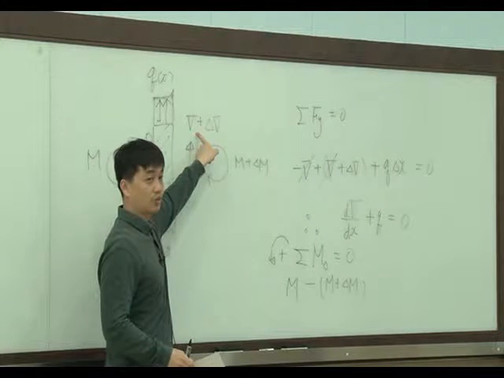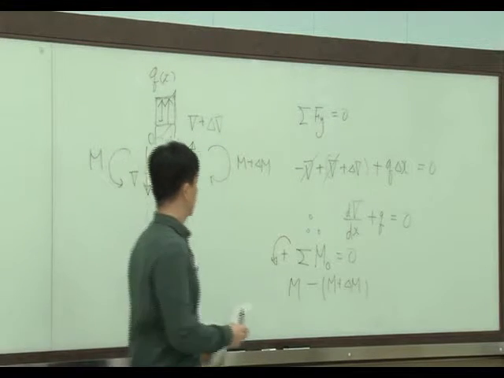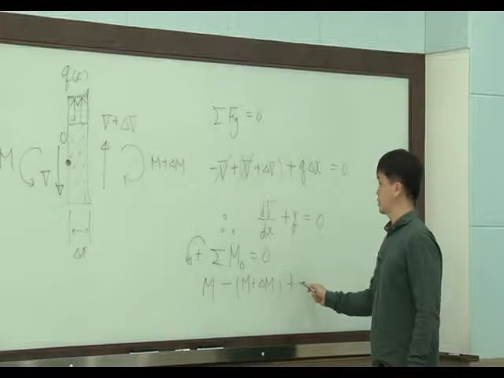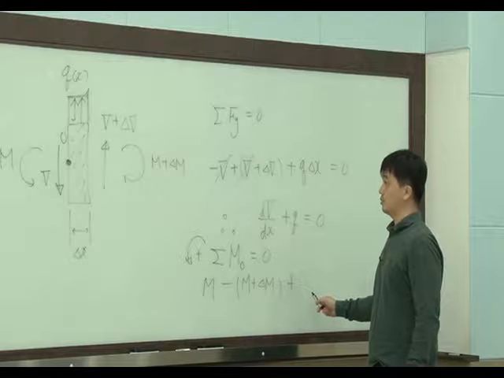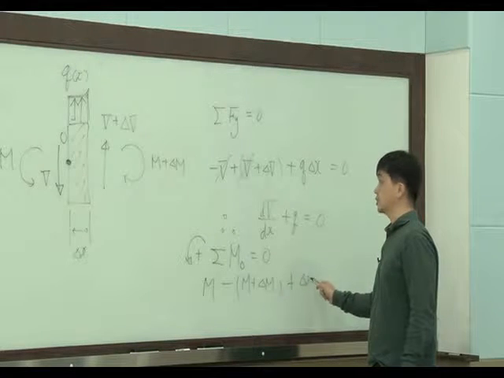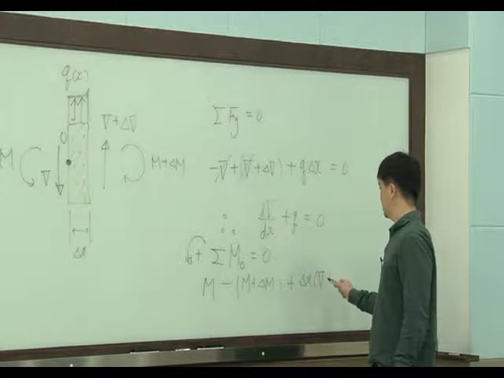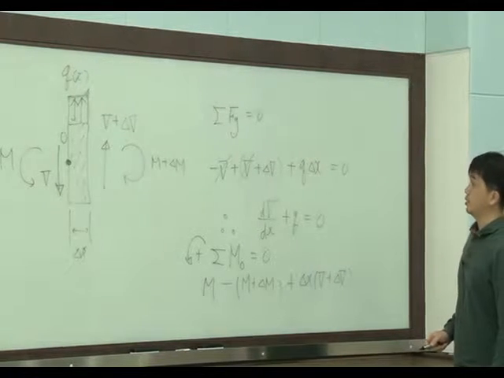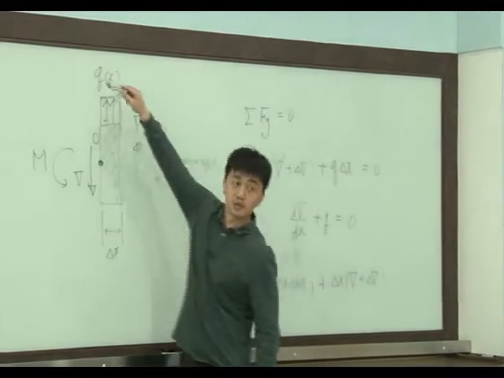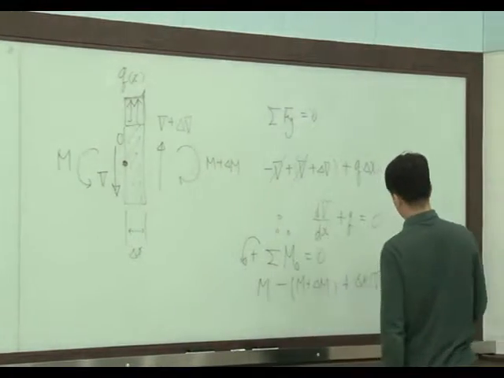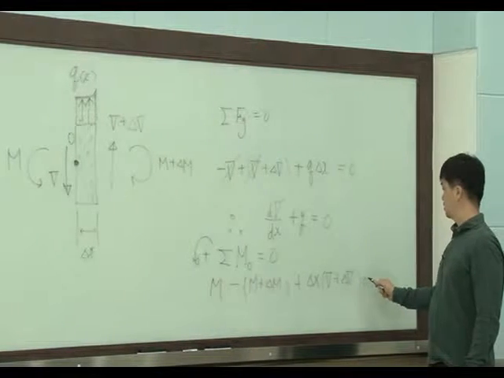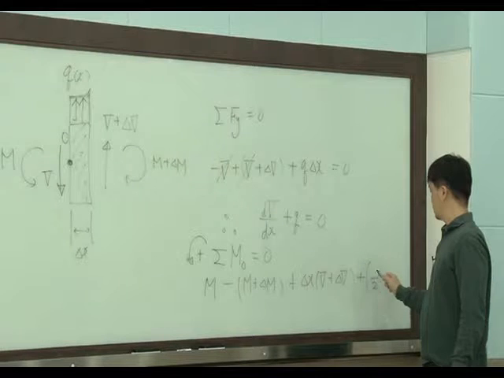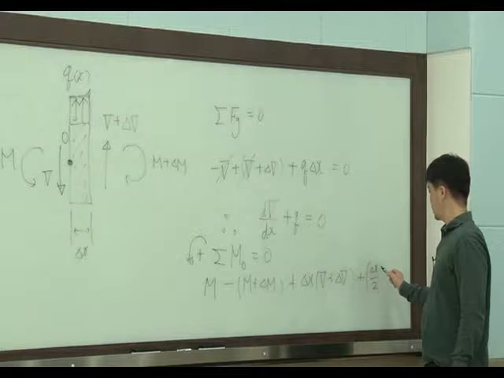But this force can make a moment, right? So plus, the moment arm is delta x, times V plus delta V, okay? And the distributed load also contributes to the moment, plus, with moment arm delta x over 2.